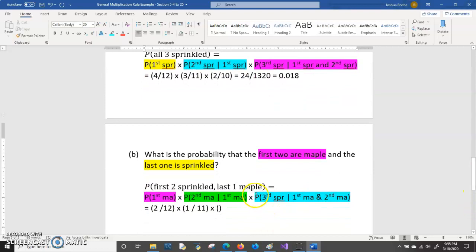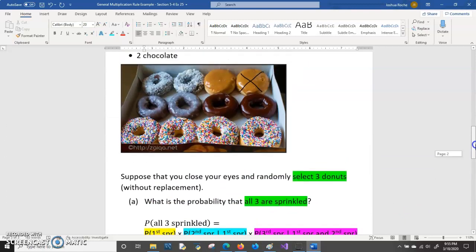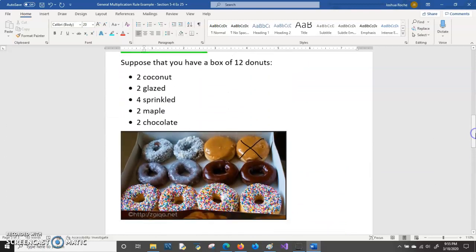Now the chances that the third one would be a sprinkled donut. Imagine our donuts up here again. We've picked out 2 donuts, and they were each maple donuts, so both maple donuts are gone. We ate them both. The chances that the third one would be a sprinkle would be 4 out of 10. There are 4 sprinkled to choose from, and there are only 10 donuts left.